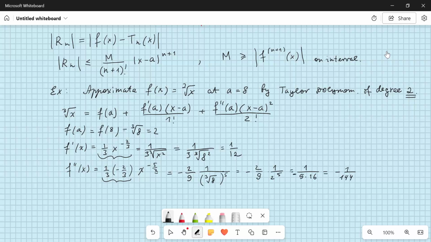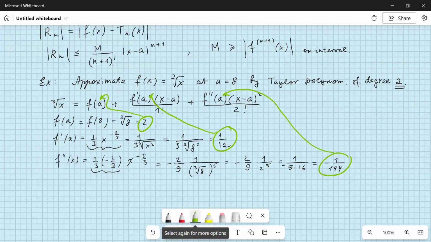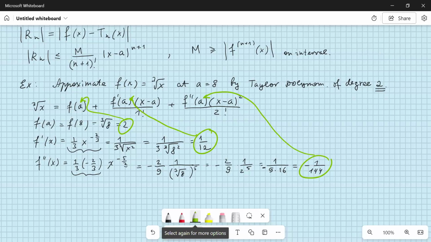Now I'm going to just plug all these coefficients into my formula, and that's going to produce for me the Taylor polynomial. Why don't I just continue and write down 2. The derivative is 1 over 12. 1 factorial is nothing, right? And here x minus 8, my a is equal to 8. And minus 1 over 144, and this is just the second derivative.